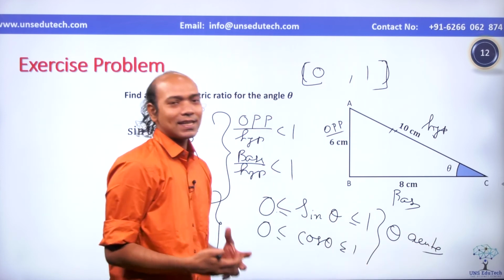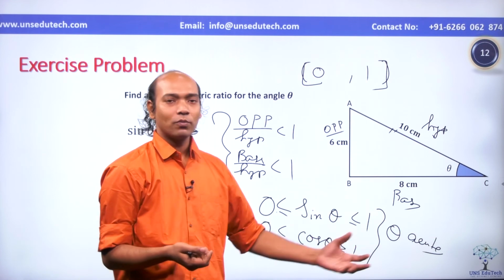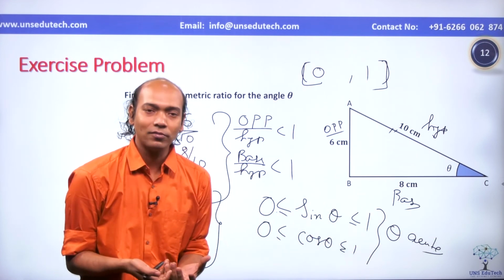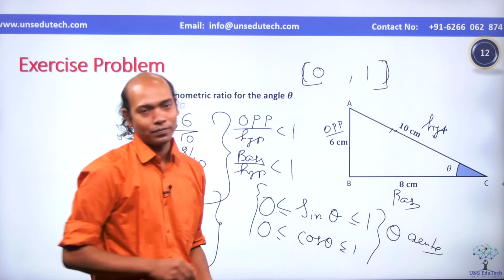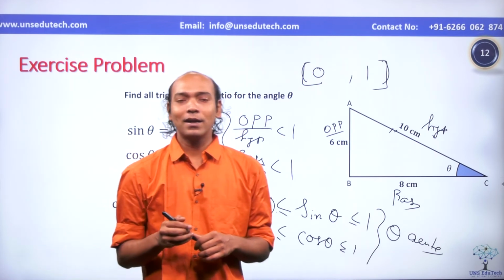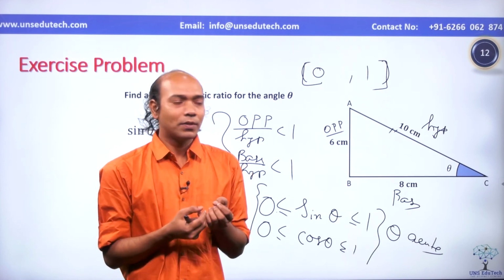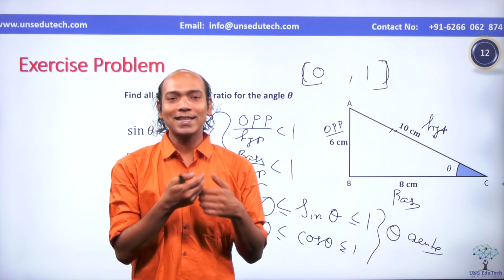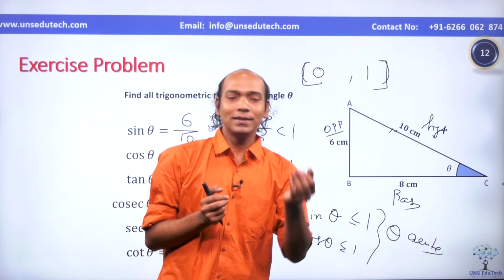Now, if theta is some other angle, just like 120 degree, 180, 160, 340, any angle, in that case, this may or may not be true. But in the class 10 syllabus, we don't have to learn how we define sine, cos, tan and so on for an angle which is more than 90 degree.